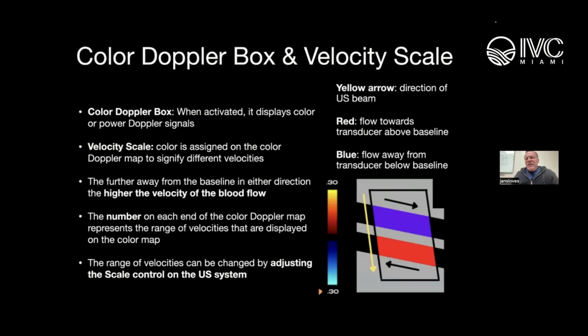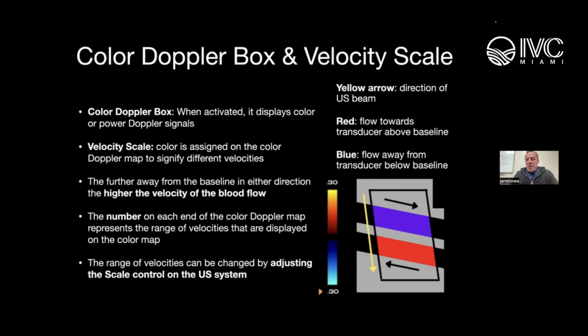Now, when we activate the color and the box comes on, it will display color, or we could also use the same format with power Doppler. Now, the velocity scale: typically color is assigned on the color Doppler map to signify different velocities. The further away from the baseline in either direction, the higher the velocity of the blood flow.